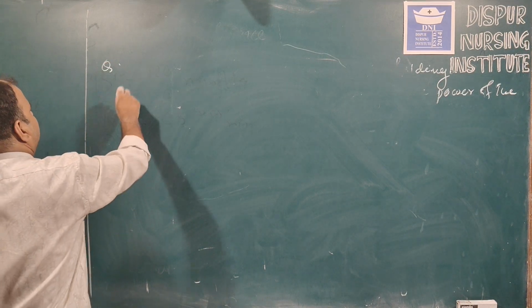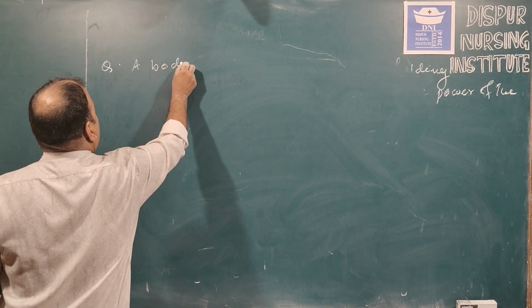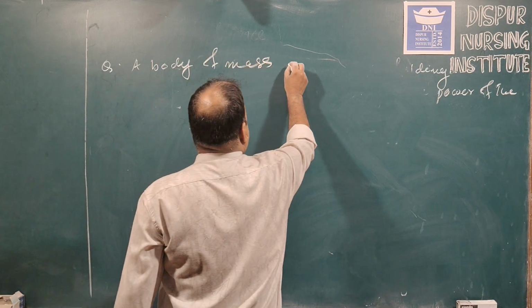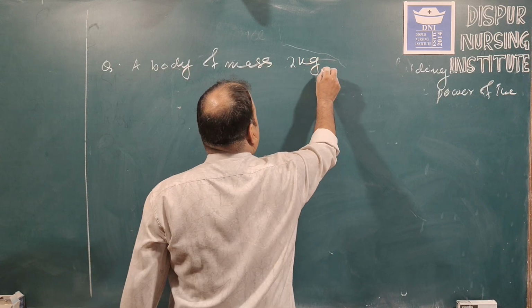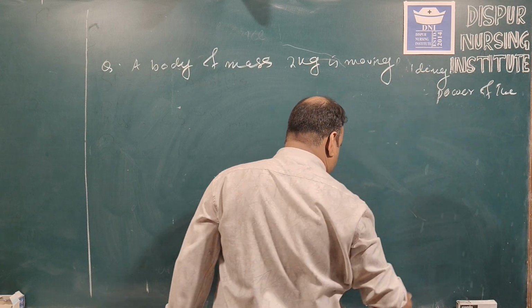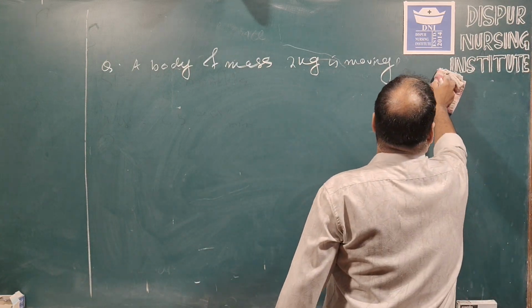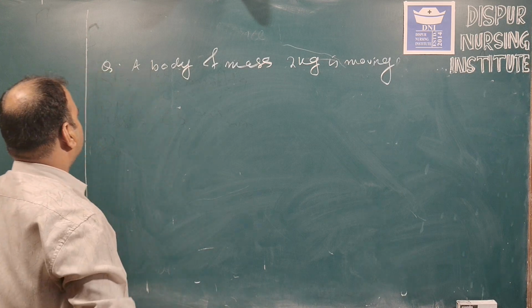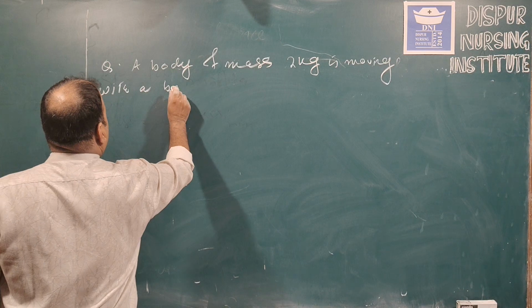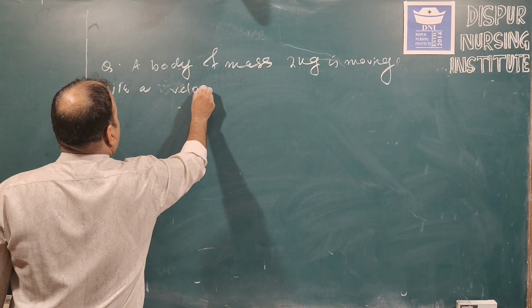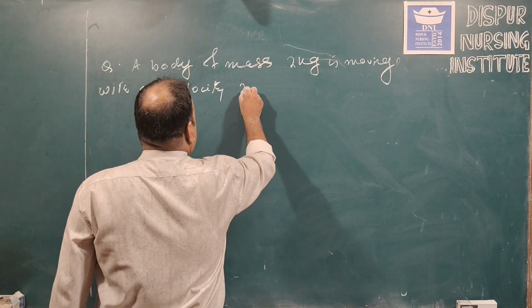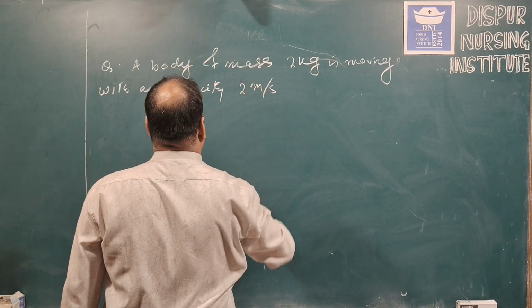So another question you can see: a body of mass, suppose 2 kg, is moving with a velocity of 2 meter per second.